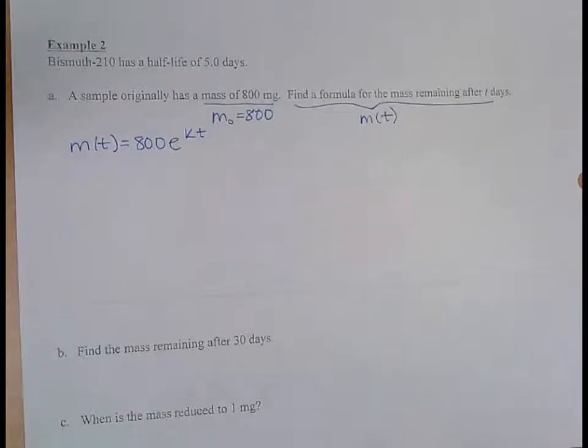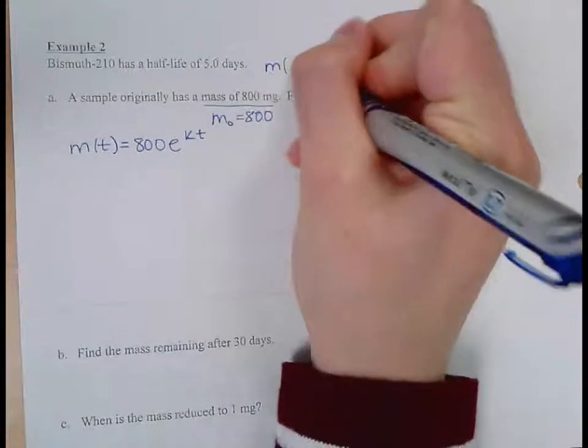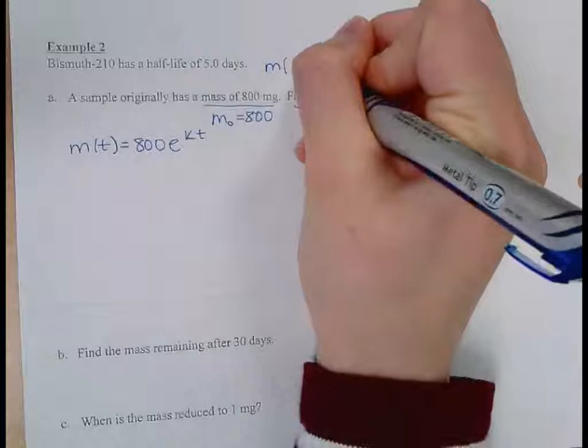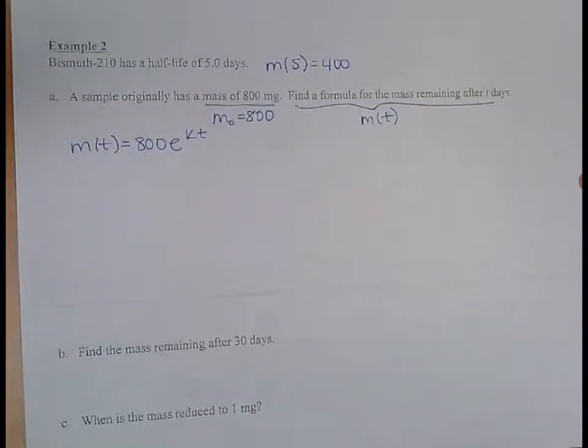And then I need something else to substitute in so that I'm allowed to solve for k. After 5 days, m of 5 would equal half of 800, so 400.